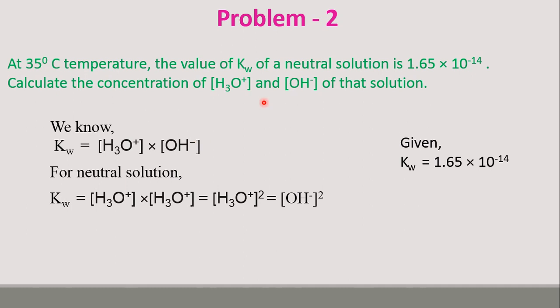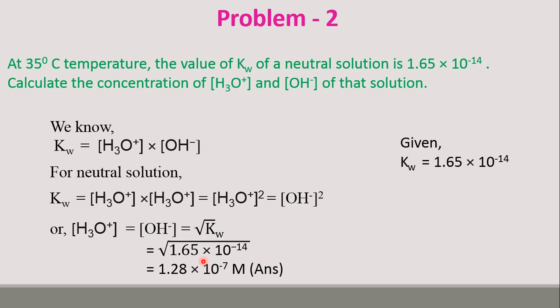For a neutral solution, both concentrations are equal, so we get Kw equals hydronium ion concentration squared, or hydroxyl ion concentration squared. So hydronium ion concentration and hydroxyl ion concentration equal root over Kw, and after putting the value we get the concentration of hydronium ion equals concentration of hydroxyl ion equals 1.28 into 10 to the power minus 7 molar.